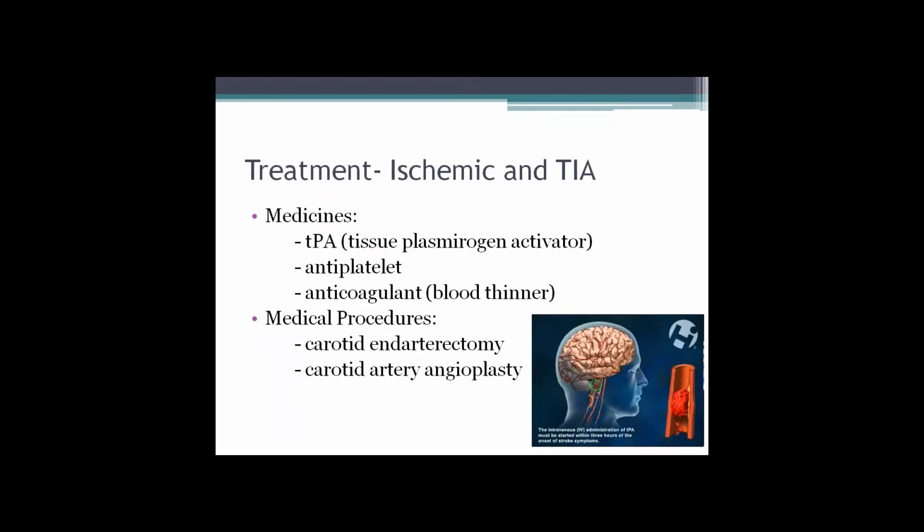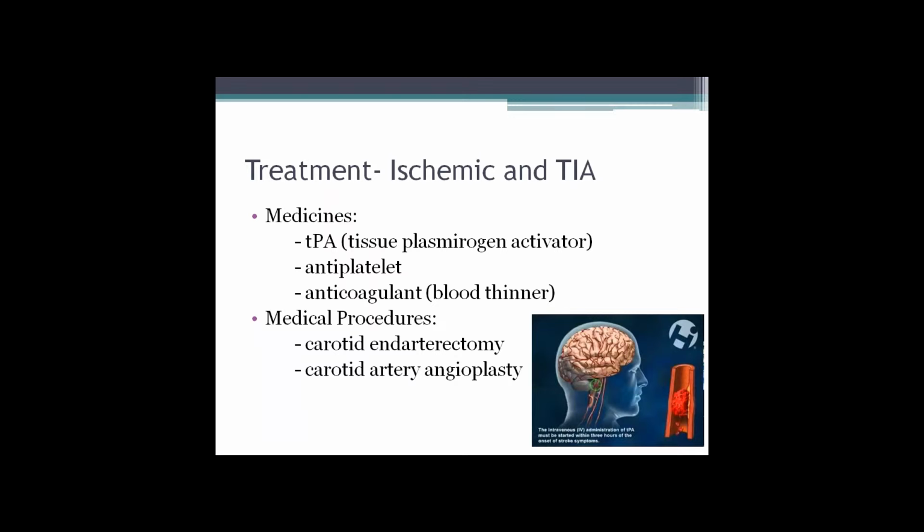All right, now with treatments for stroke, it depends on whether it's ischemic or hemorrhagic. With ischemic, the stroke is caused by a blood clot, so you may be given a clot dissolving or clot busting medication. It's called tissue plasminogen activator, or TPA.